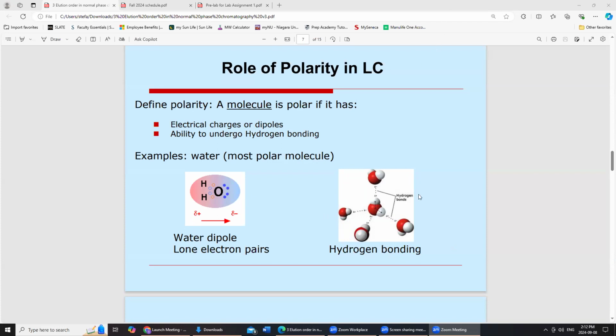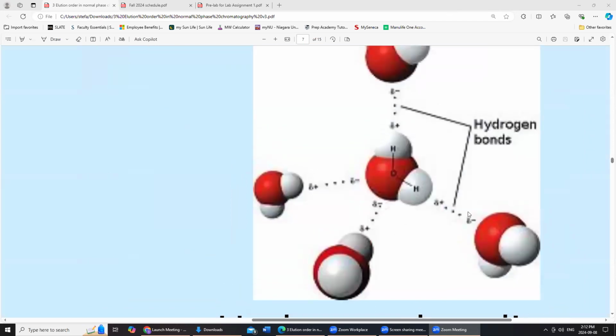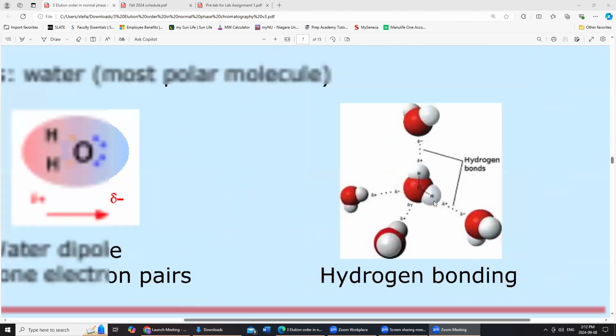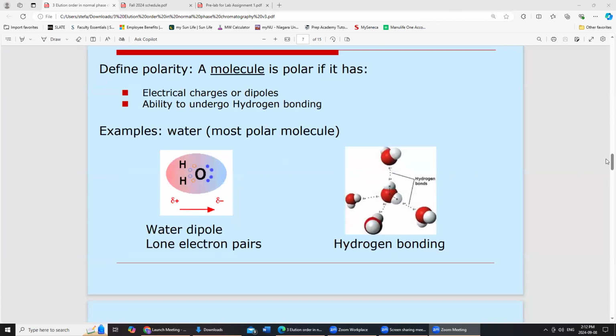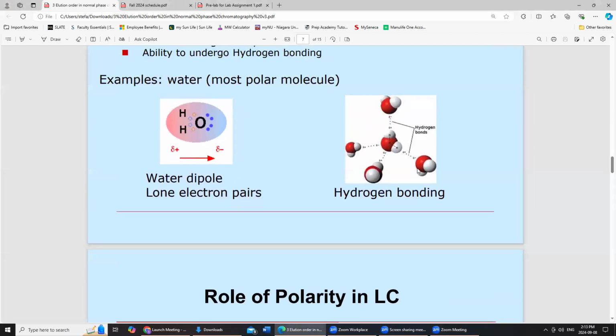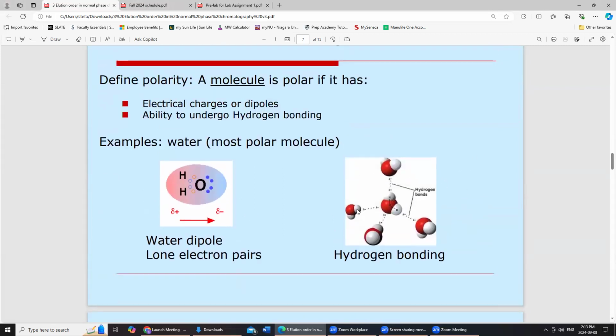And so what you'll see happening is you'll get these bonds between the positive hydrogen portion and the oxygen in the molecules around them. And it's a pretty powerful bond. That's how DNA bonds together through the middle of the helix. It's also what gives water its really intense surface tension compared to other molecules. It's hydrogen bonding.